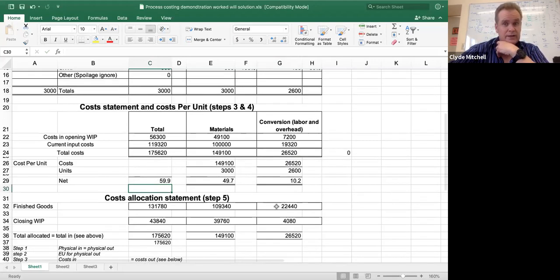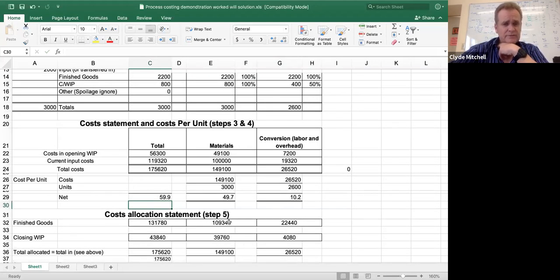Now, what I did ahead is the final step, which is the allocation. I'm taking, for example, for the finished goods, the cost per equivalent unit, I'm multiplying it by the 2,200. That gives me that number. I'm taking the $10 and multiplying by the 2,200. That gives me the 22,000. Add them up, my total finished goods. The same process for my closing work in progress. I got 800 times the 49 gives me 39,000. 400 times 10.2 gives me the 4,800.